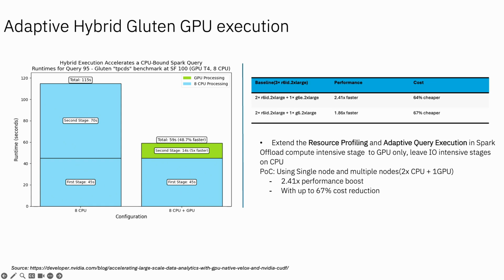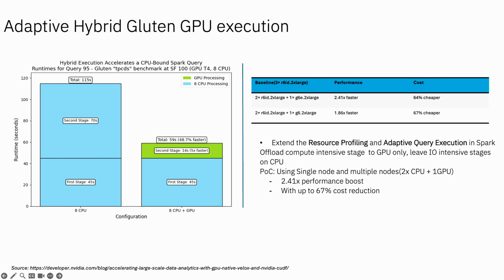In 2025, we did a quick POC with a single node. That is a collaboration with the NVIDIA team. We found that, like in the left picture, for the first stage we are still using the CPU as the execution, and the performance is almost similar to the original CPU-based execution. And then we offload the second stage, which is a very compute-intensive stage.